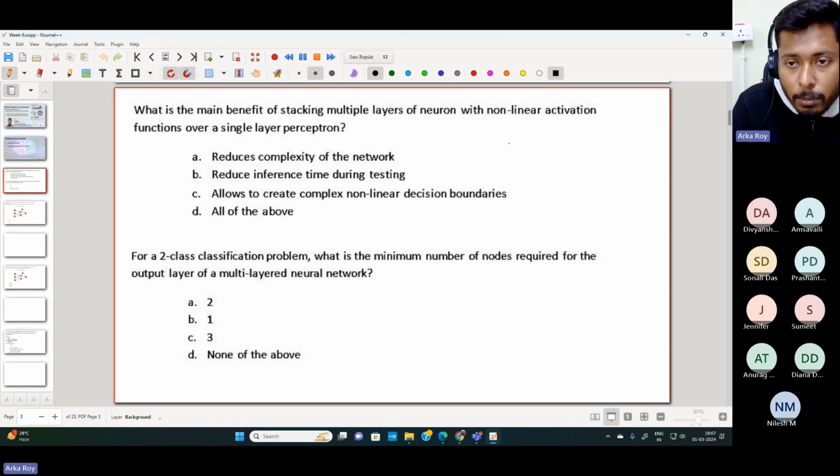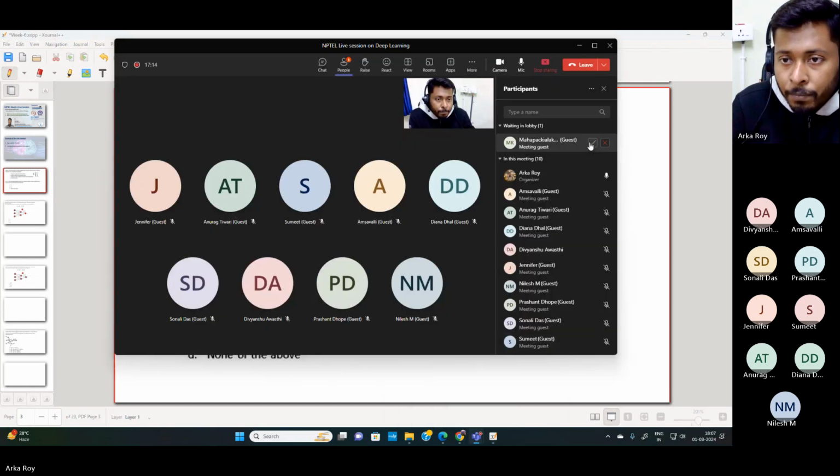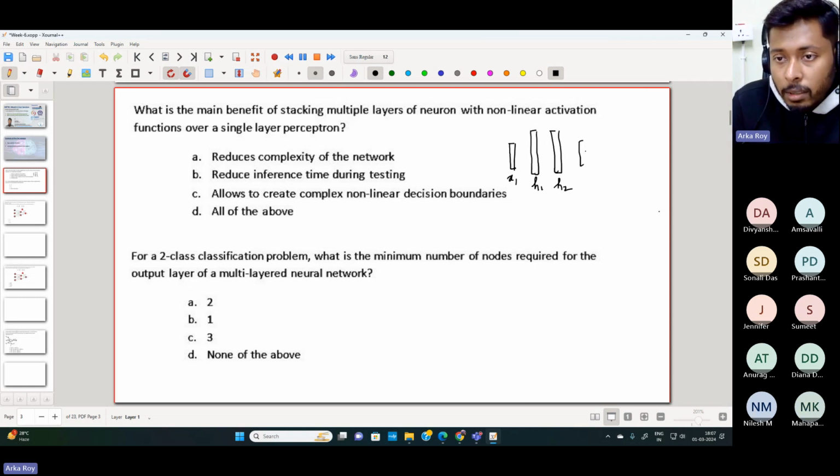For example, if you have a multi-layer perceptron like this, let's say with two hidden layers, H1 and H2, and this is your input and this is your output, Y. Over here the weight is W1, here W2, and here W3.